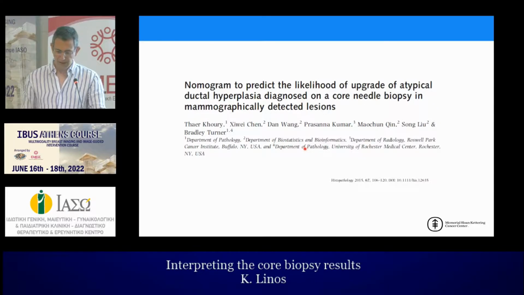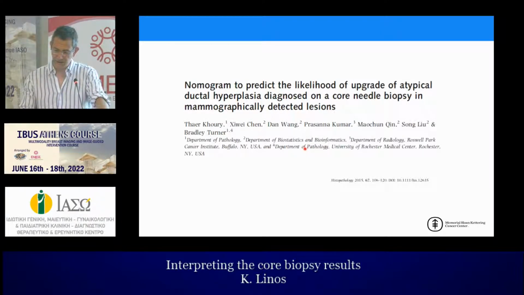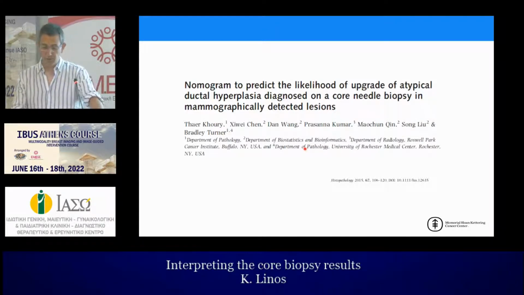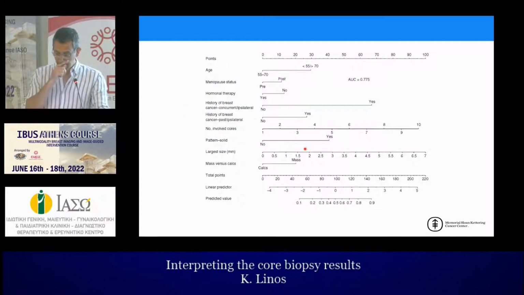So people have looked at trying to develop nomograms in order to predict the likelihood of upgrade in atypical ductal hyperplasia. In this study, they used 203 consecutive cases of ADH in core needle biopsy, and still the overall upgrade was 28.1%.